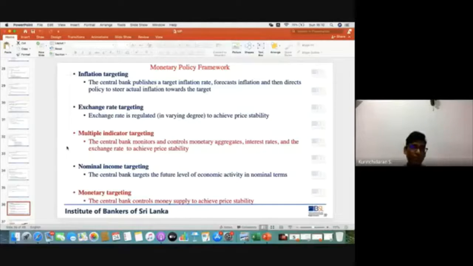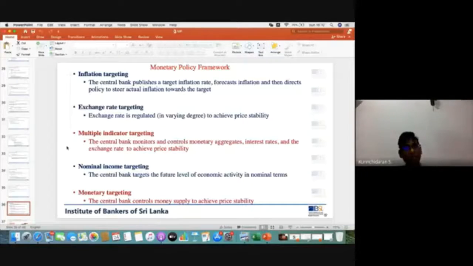And some central banks target nominal income. They fix the income they have to achieve, and conduct monetary policy to reach that nominal income target. Some central banks target the money supply, which we call monetary targeting.